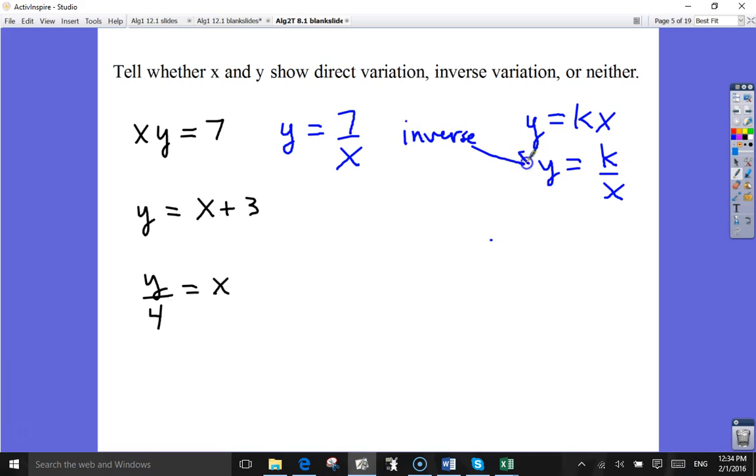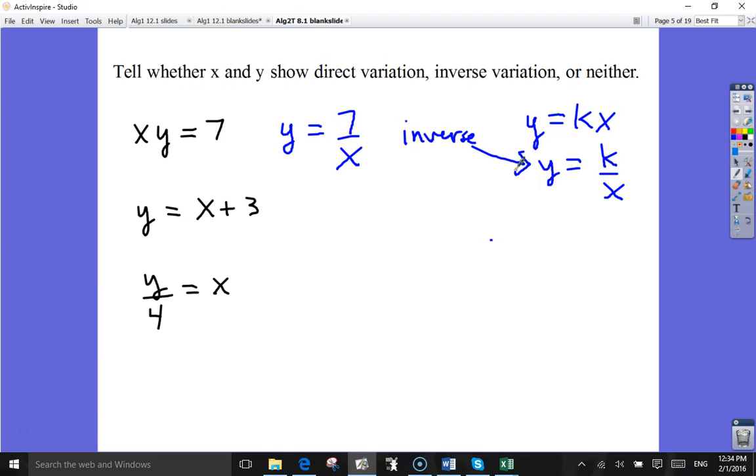How about the next one? y equals x plus 3. Neither. Well, I mean, there is a slope of this line. What is it? It's 1. You can't say that there's nothing there. There's something there. It's a 1.